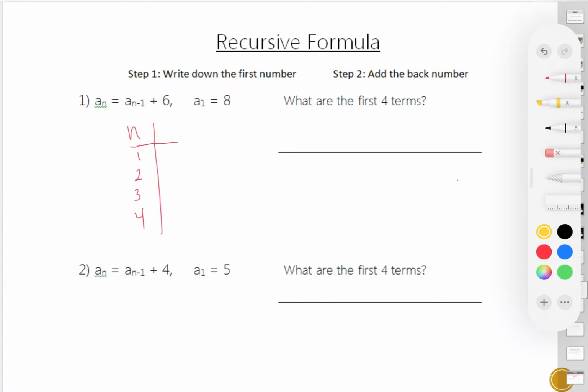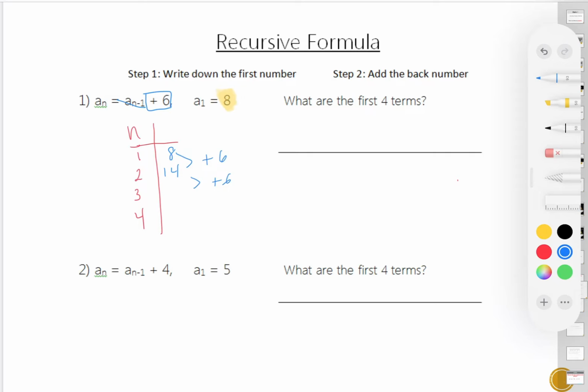So if you look here, A1, the first number, it says is the number 8. Then it says take that number 8 and add 6 to it, plus 6. 8 plus 6 is the number 14.